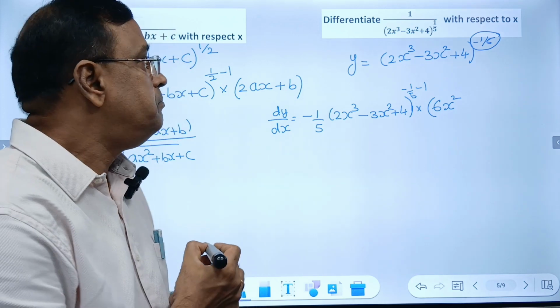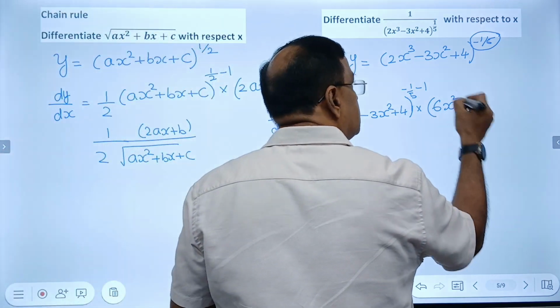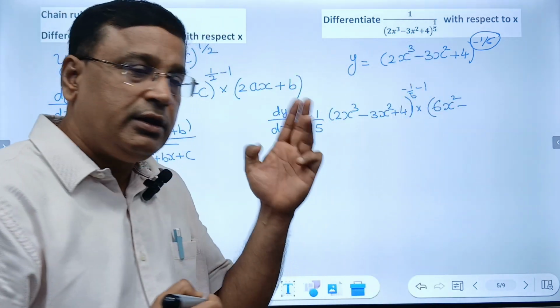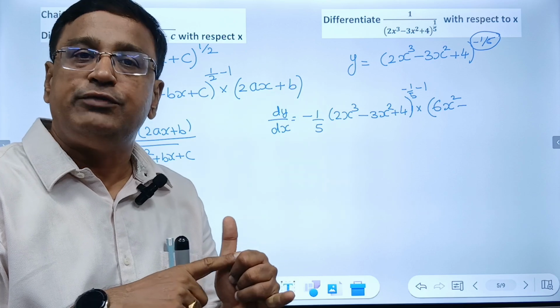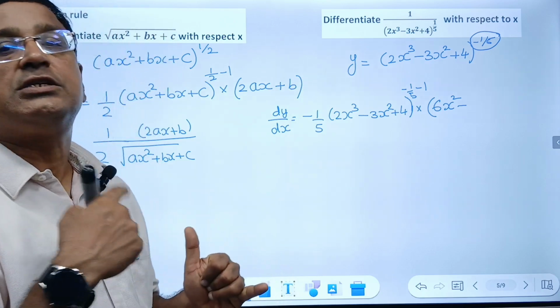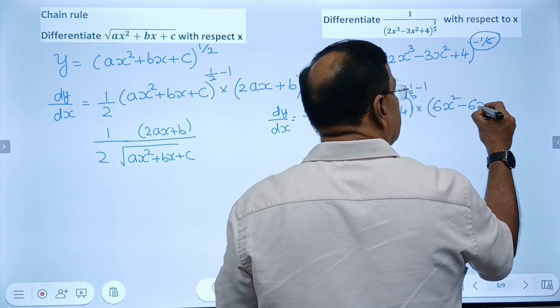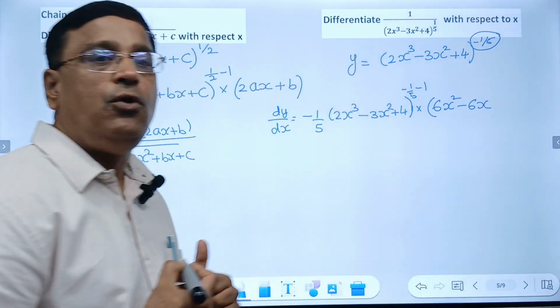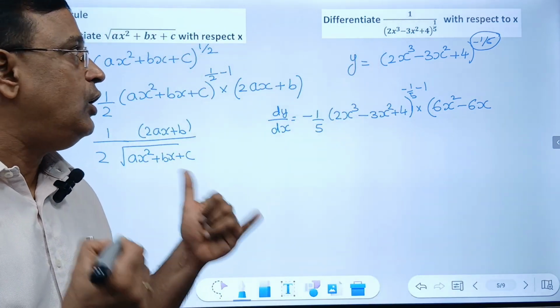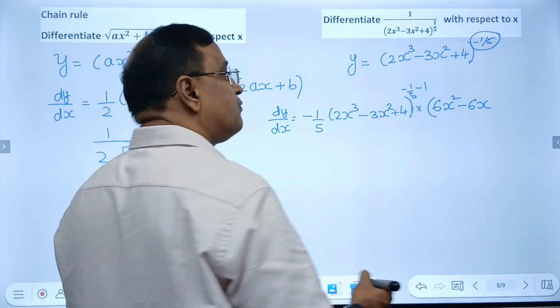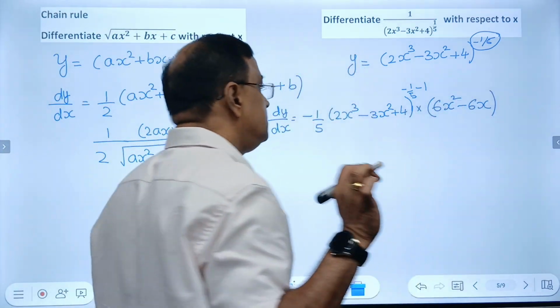Correct? Minus, because there's a minus sign, 3 will remain as it is because it is the coefficient of x, and x square differentiation is 2x, so it will become 6x. Differentiation of 4, standing alone as a constant, is 0. That's it.